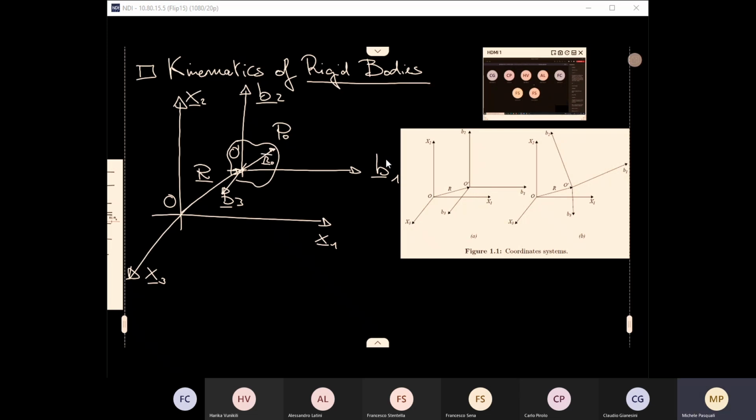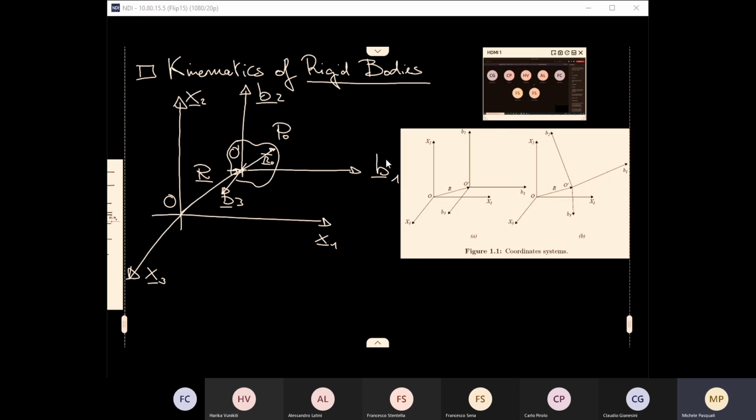So please pay attention to this. We always use overbars to indicate quantities which are expressed in the local frame.